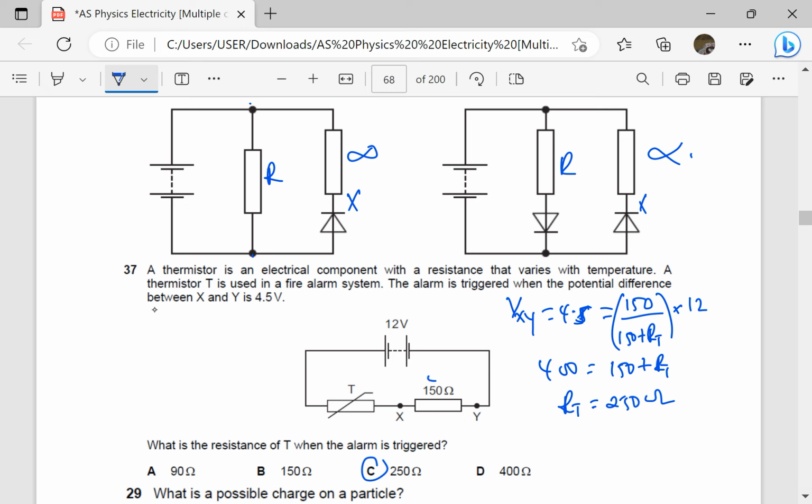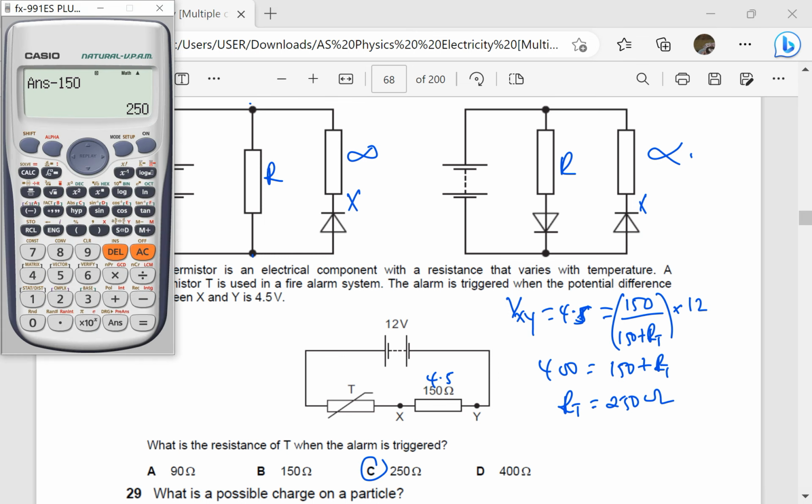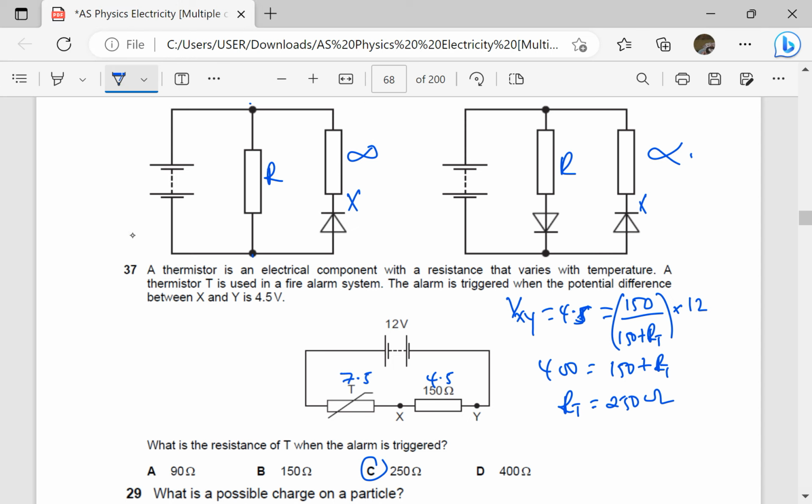Alternatively, if this is 4.5, then this is going to be 12 minus 4.5, which is 7.5. So if I consider the thermistor, the resistance of the thermistor is RT over total resistance, which will be RT plus 150, times the voltage supply, which is 12, should give us the PD of 7.5.